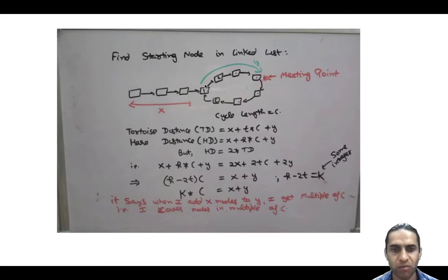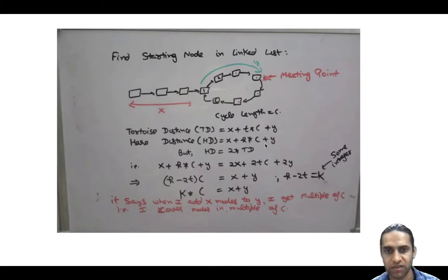So how much distance had the tortoise traveled? The tortoise traveled x plus some t loops of the cycle, where the length of the cycle is C, so t times C, plus y, like in y nodes he reached here. So this is the distance traveled by the tortoise, and the hare traveled x plus some h times C in the loop, plus y.